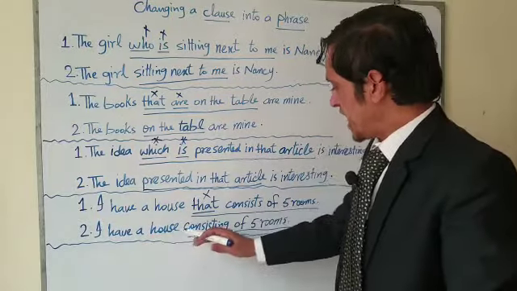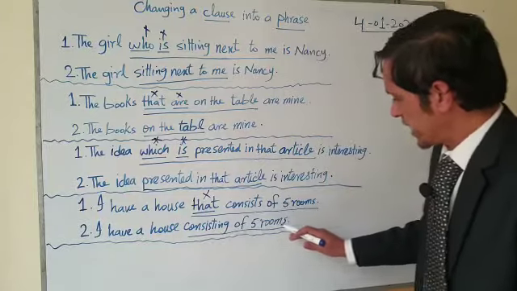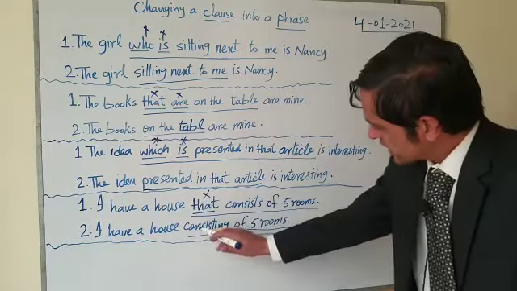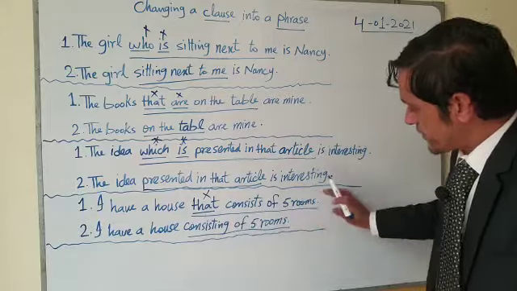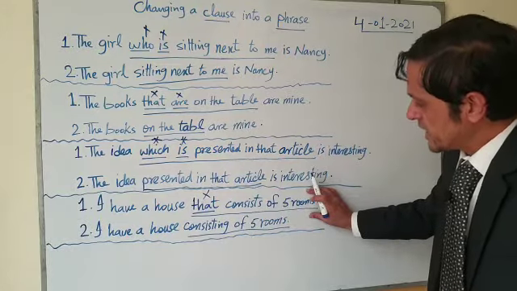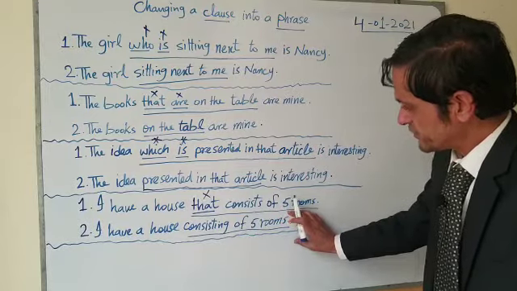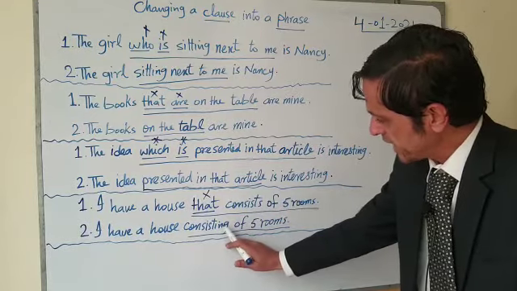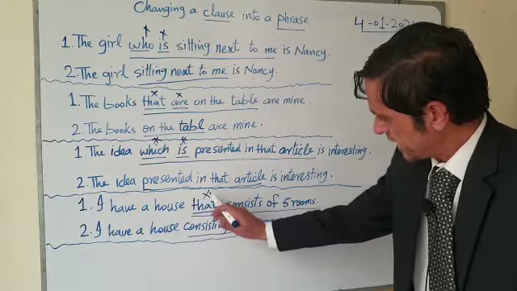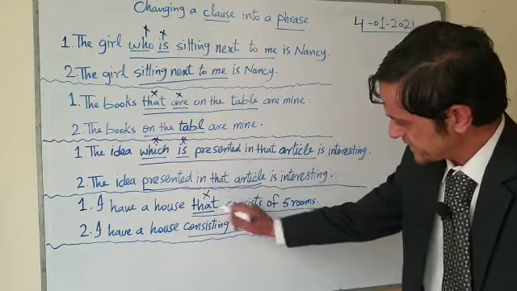I have a house consisting of 5 rooms. So the clause "that consists of 5 rooms" is changed to the phrase "consisting of 5 rooms" by bringing the ing form of the verb and omitting the subject.